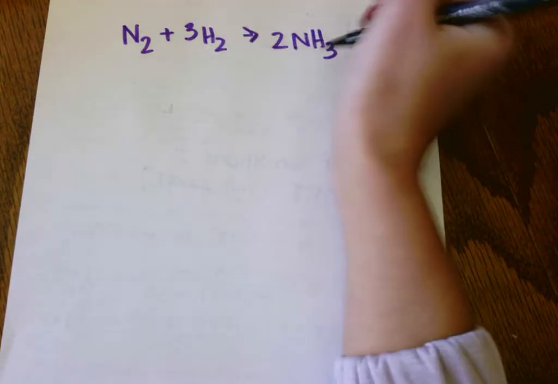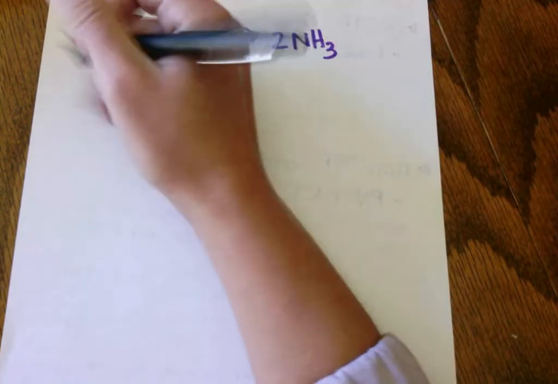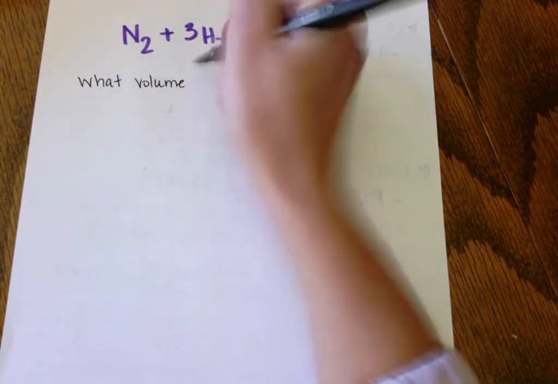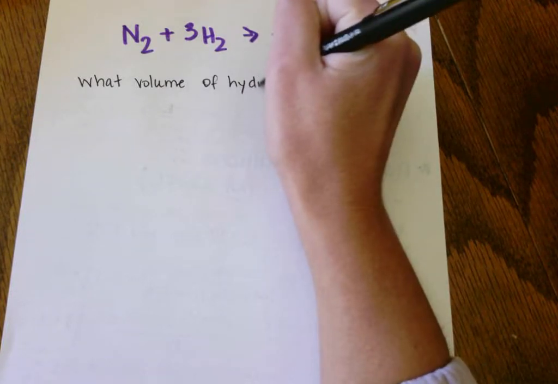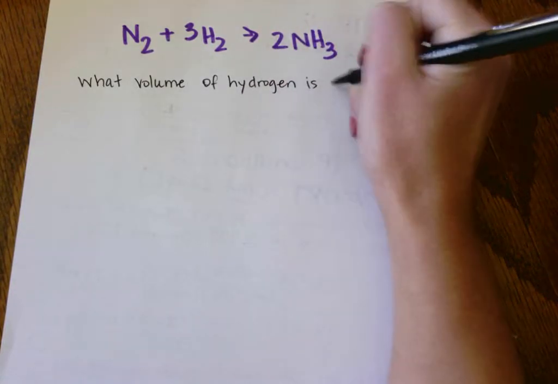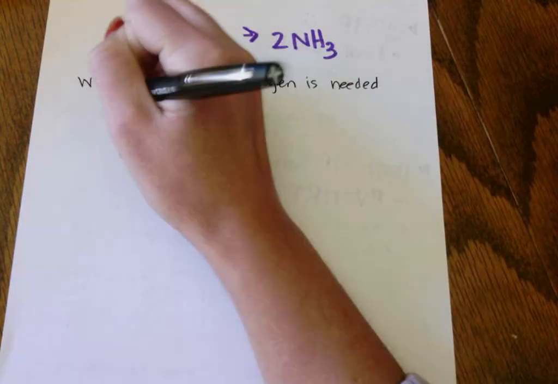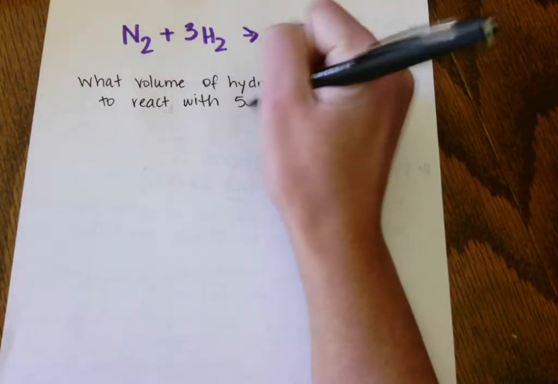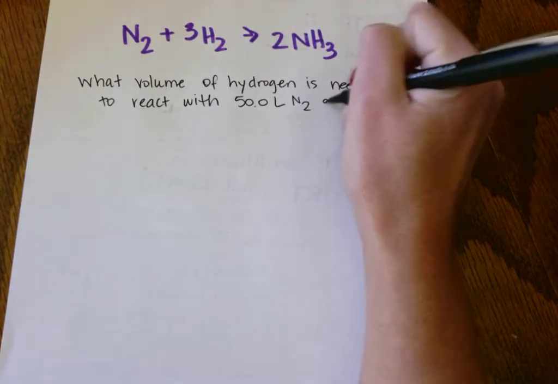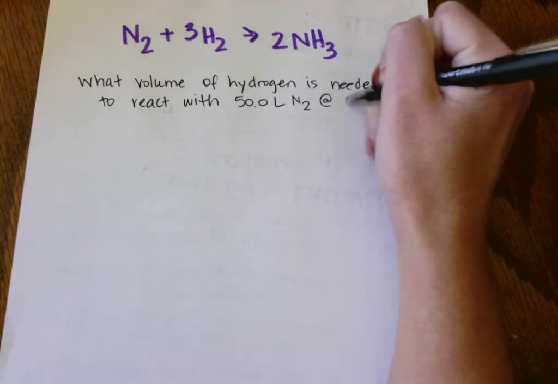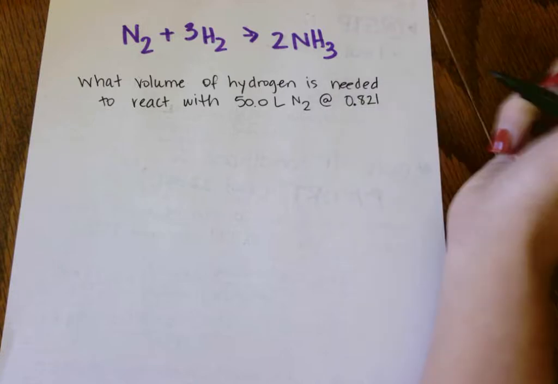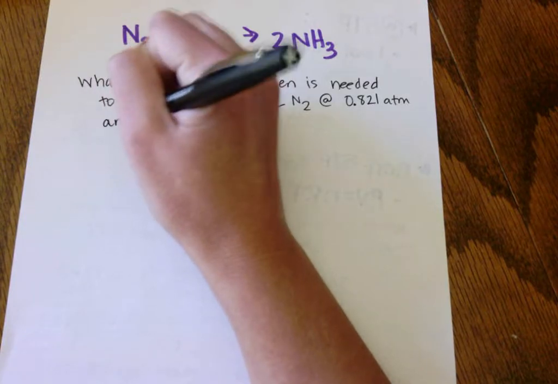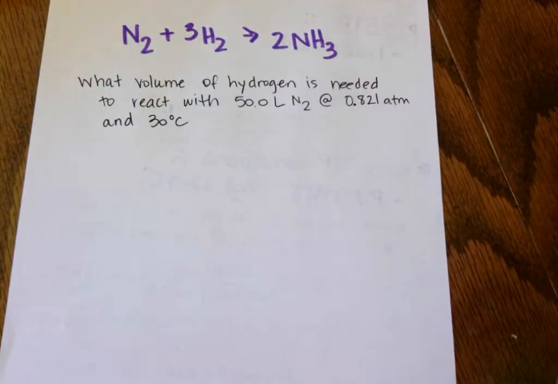So with these, we're going to have, let's say, what volume of hydrogen is needed to react with 50 liters of nitrogen at 0.821 atmospheres and 30 degrees Celsius.